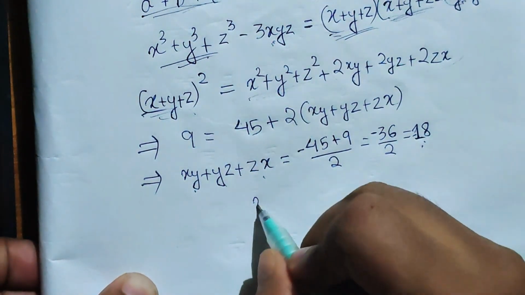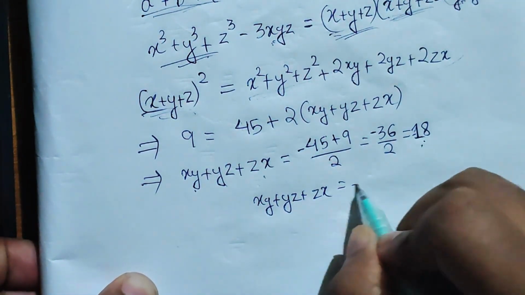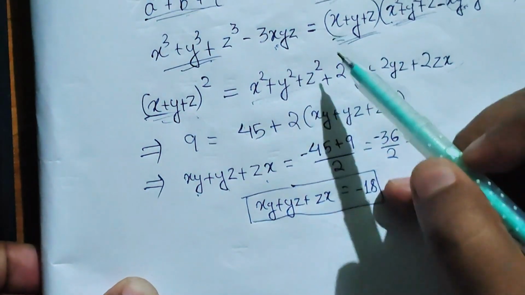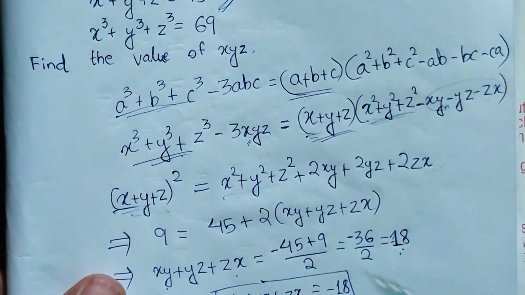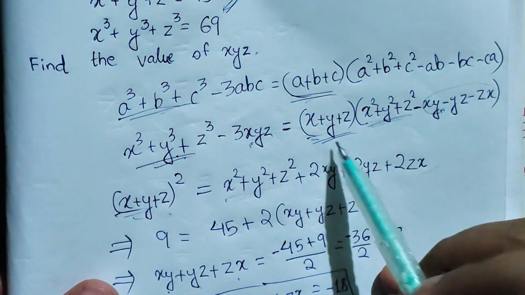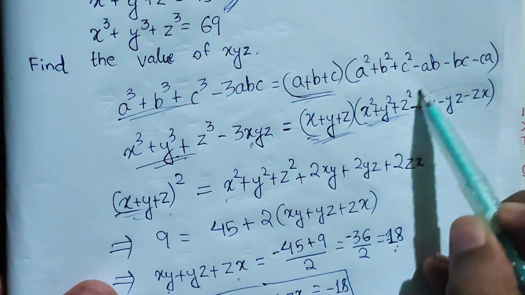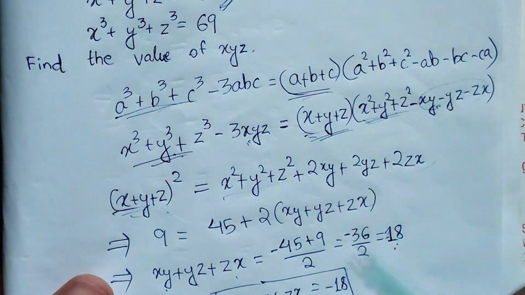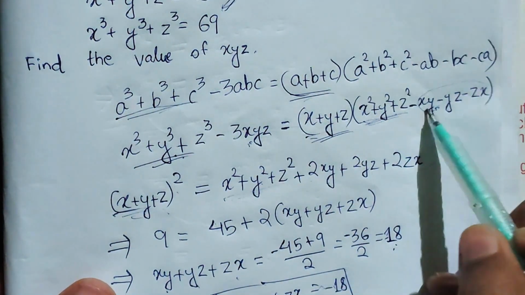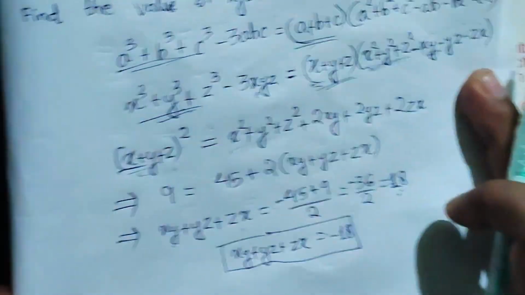Now let's write this one. Now if we go back to this equation, we know this term, and we know this term. Now we also know this term after solving this relation. We know this term, so now we can evaluate xyz. So let us plug in the values there.